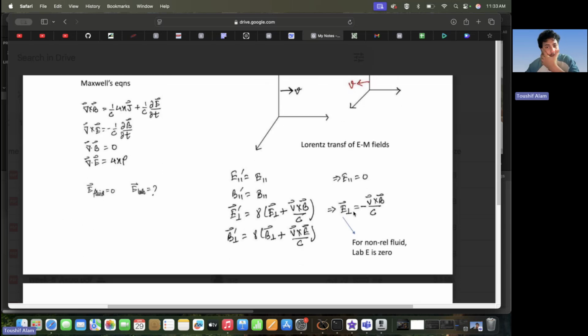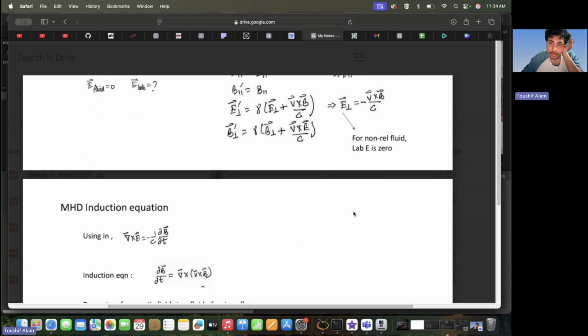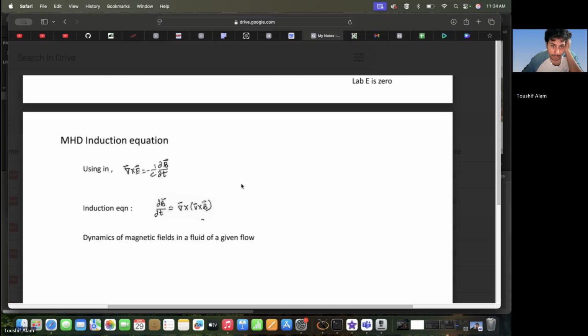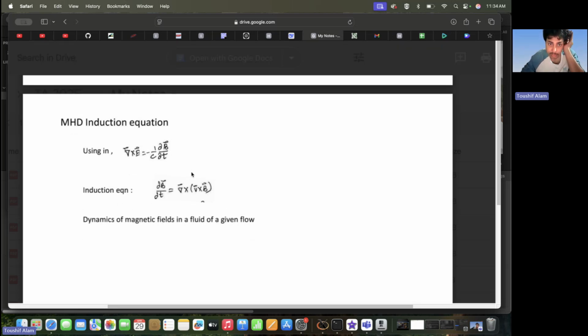So we get E perpendicular is minus v cross B by c. For a non-relativistic field, E in the lab is 0. Using curl E is equal to minus 1 by c del B del t, the induction equation is del B del t equals curl of v cross B. This is the induction equation.